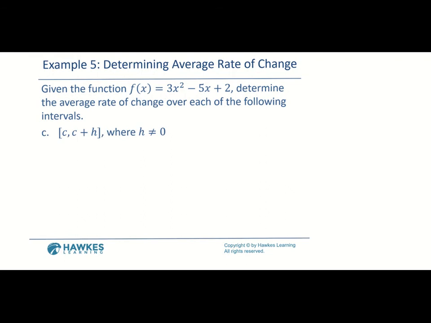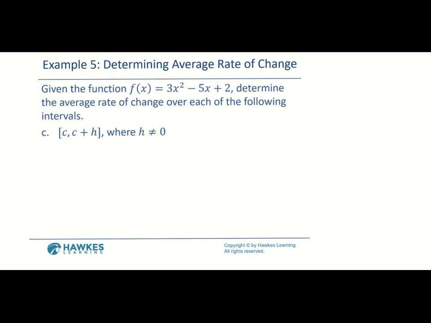All right, so the next one that we are going to do is find the average rate of change for this function at C and C plus H. What this is doing is getting us ready to look at the difference quotient. This is something that we will use quite frequently in calculus.